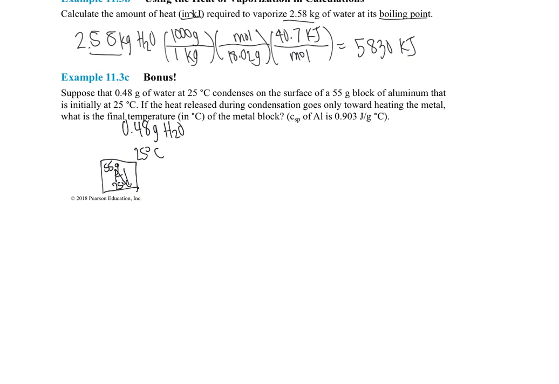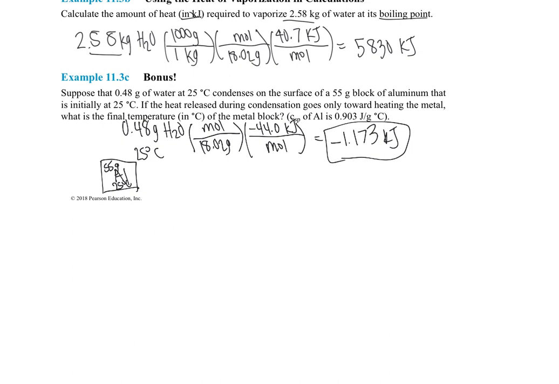For the heat released, I'm going to convert this into moles. Then I'm going to use the delta H vaporization of water at 25, but make it negative because I'm condensing. So negative 44.0 kilojoules per mole. That gives me negative 1.173 kilojoules. That's how much heat gets released from this process.